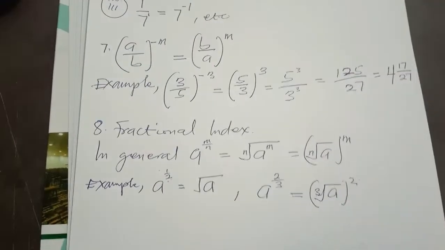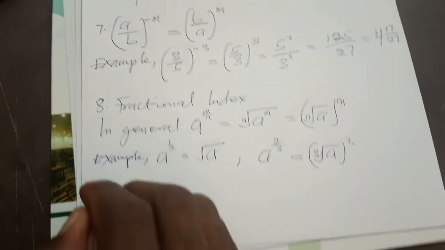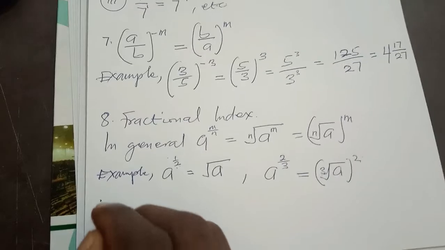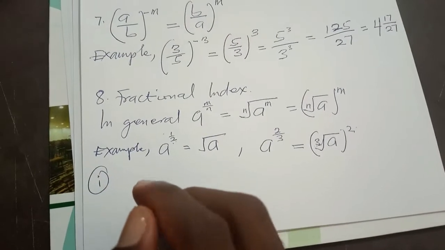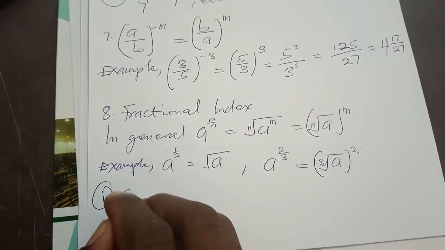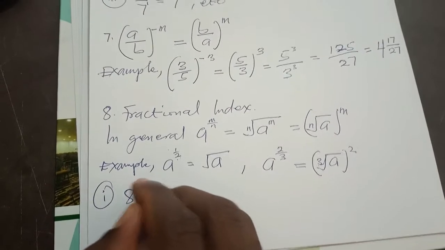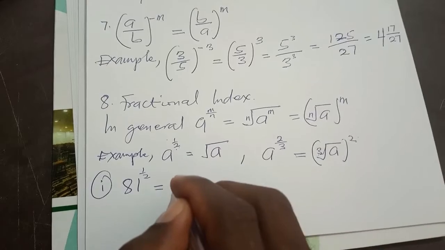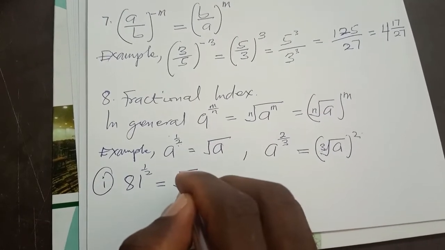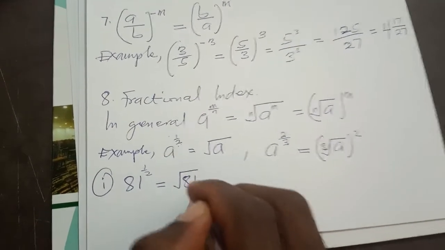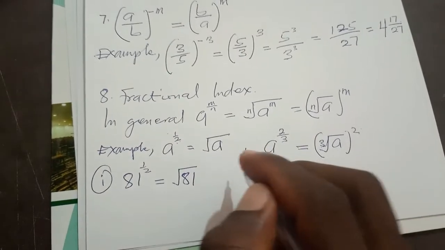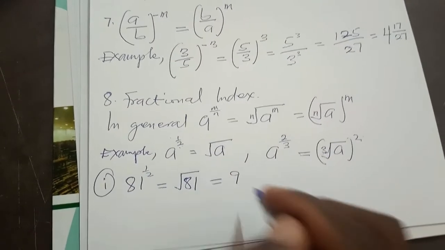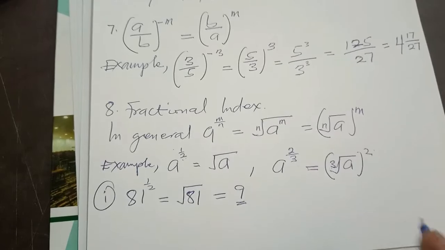Let's take further examples. With numbers now, if we have 81 exponent 1/2, this will be the same as the square root of 81, and that will give us 9, because the square root of 81 is 9.